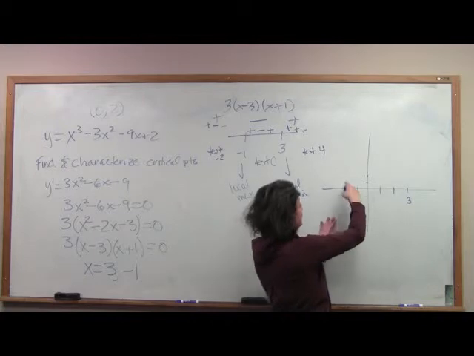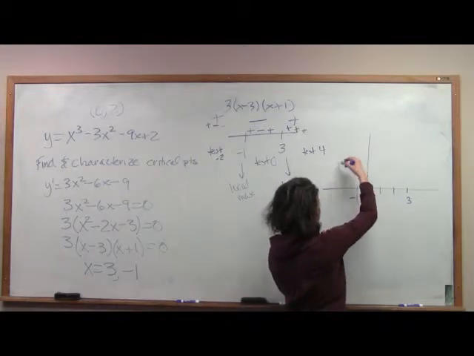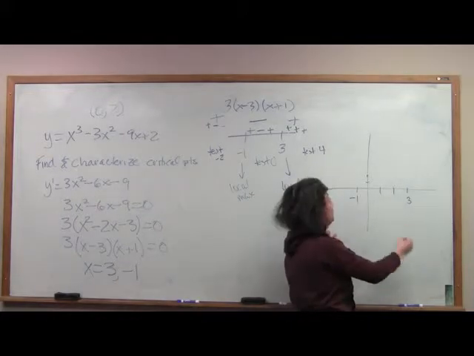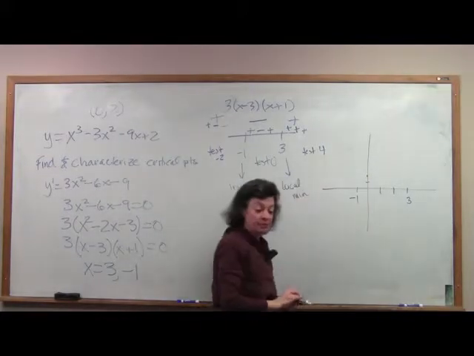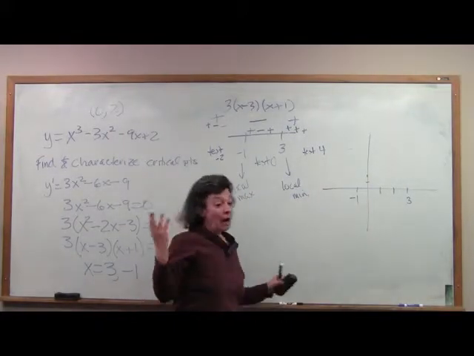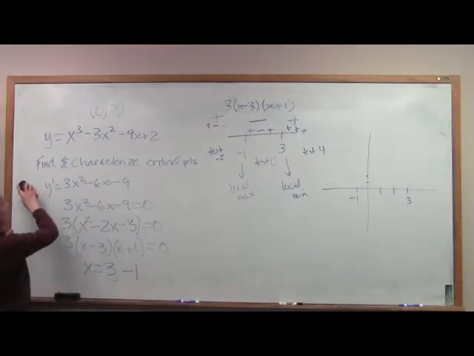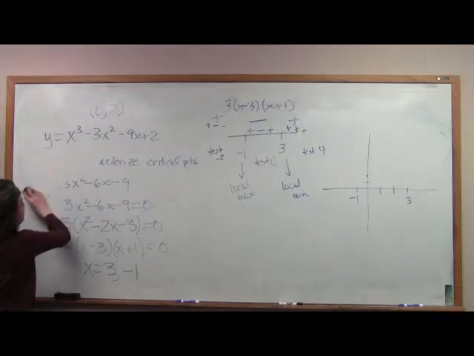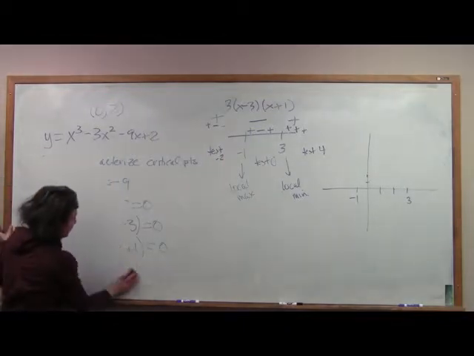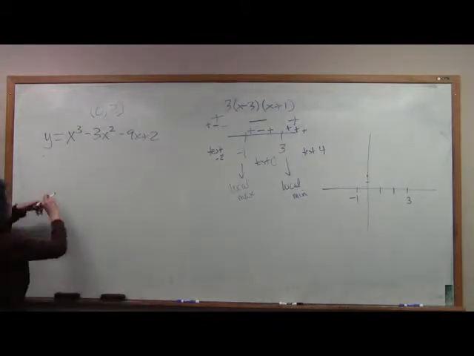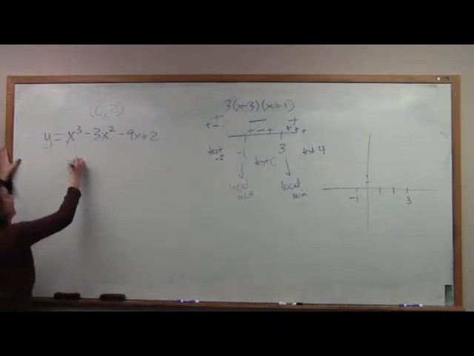Now, I'd like to get an idea as to where this graph lives. Okay, I know this guy's going to be a local maximum, so it's probably going to go like this, but I don't really know how low it goes or how high it goes at -1. So, how can we determine where it is? What we do is we find our function values at those two places. All right, well, I can plug -1 in here.